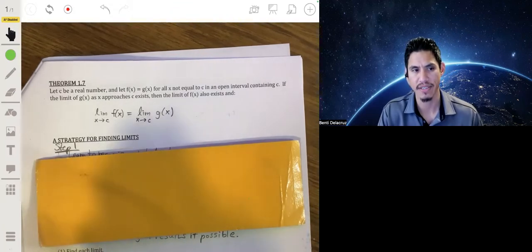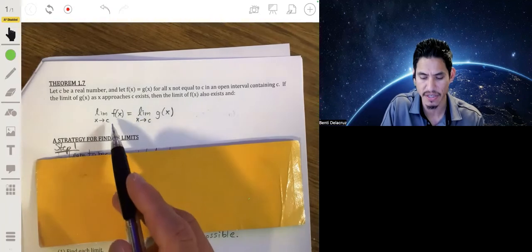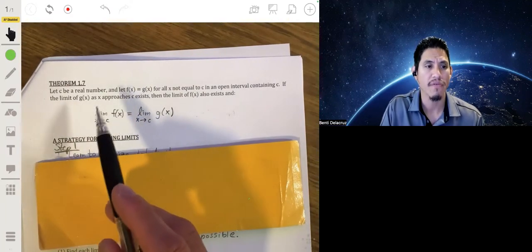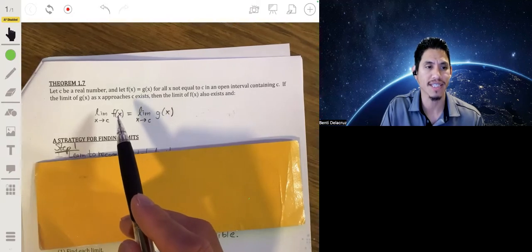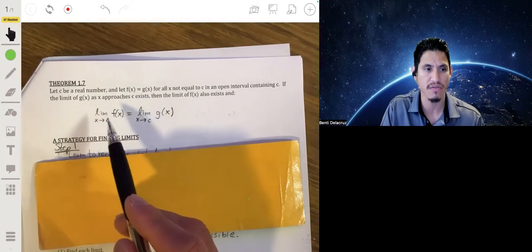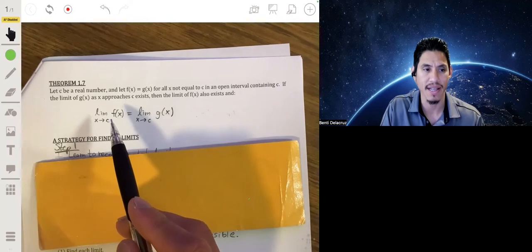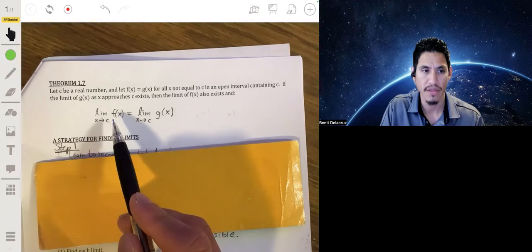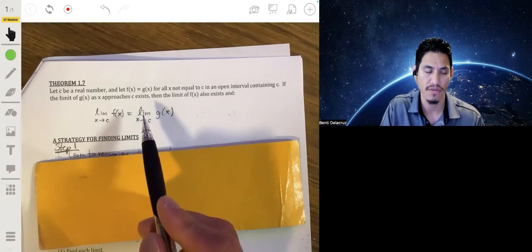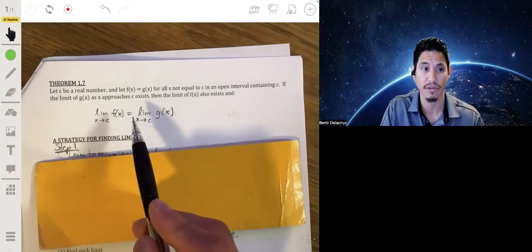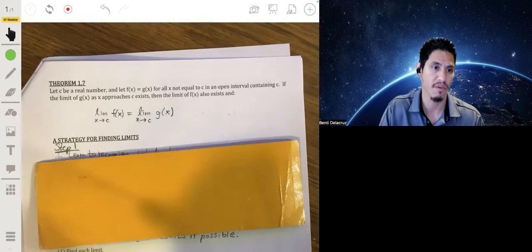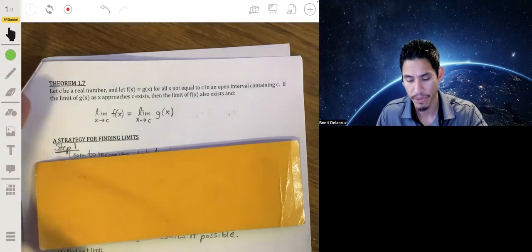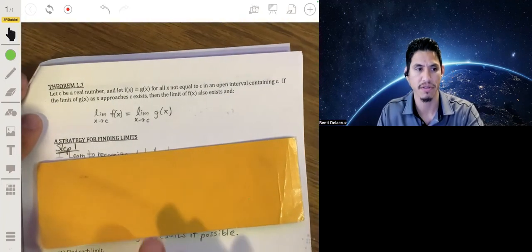Let's say as x approaches c, let's say c is 3, but the function is not defined at 3. If you can find another function that's exactly like the original function, except that it has a defined value at that c, then they're going to be equal to each other. For that, their limits will be equal to each other. So this is what we're going to be applying a lot of the time when we can't do direct substitution. And again, we're going to go through some examples in just a minute.